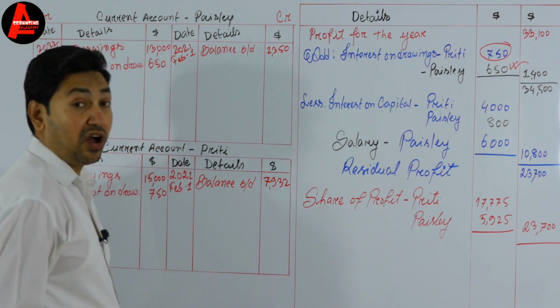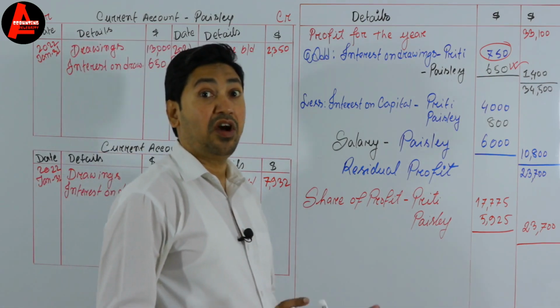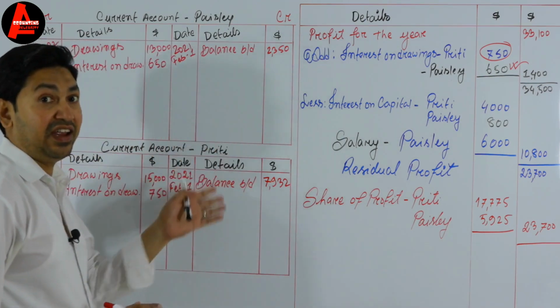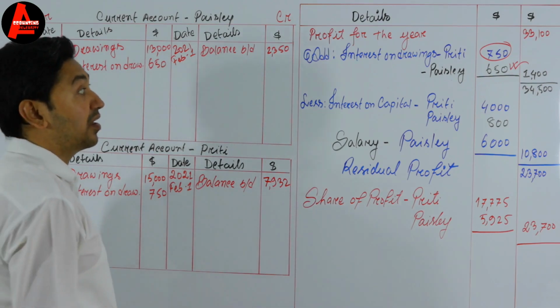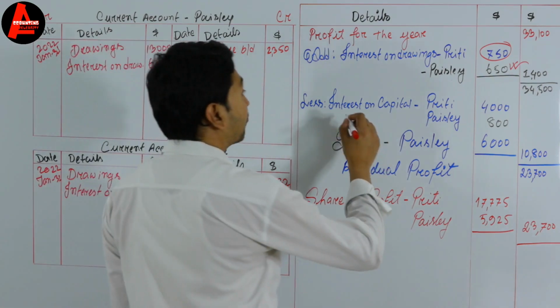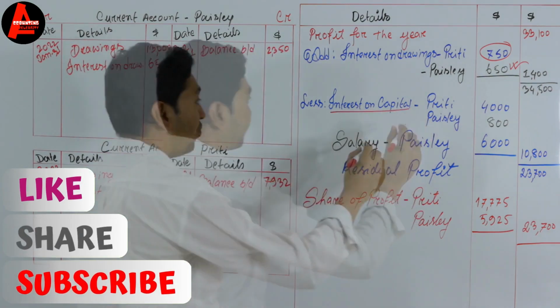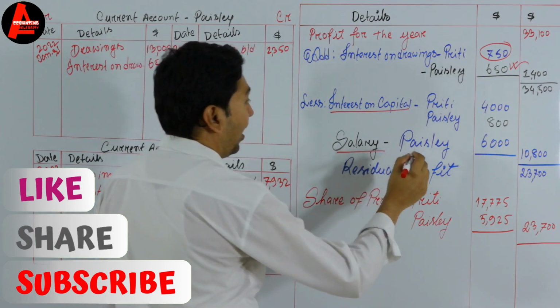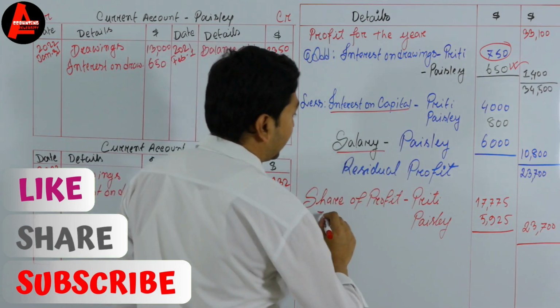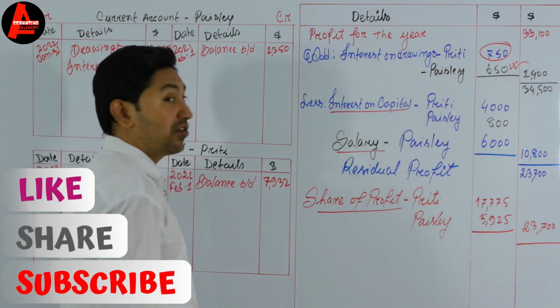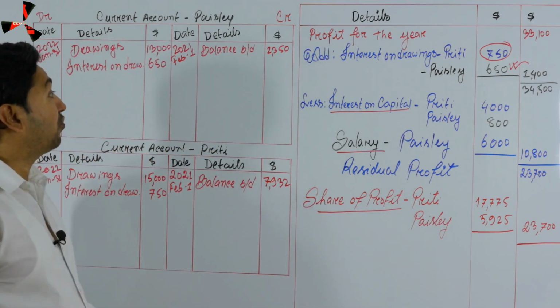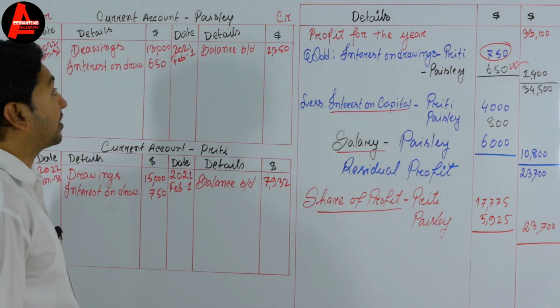Then I told you all the other items will appear on the credit side. What items remain? We need to write interest on capital, we need to write salary, and we need to write share of profit. First of all we'll write interest on capital.